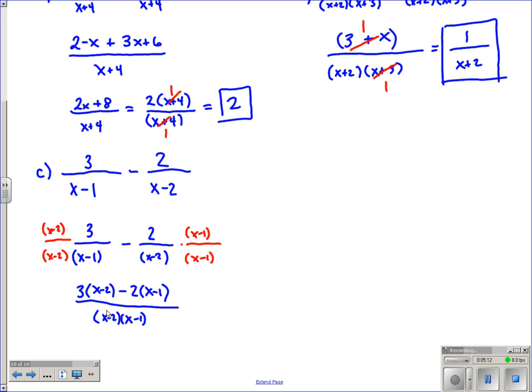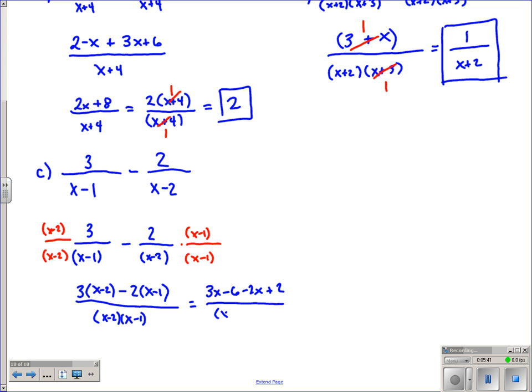Can't cancel these out here because both terms have to have the same thing there. So now we're going to have to simplify this down. Let's do it. 3 times x is going to be 3x. 3 times negative 2 is going to be minus 6. Negative 2 times x is going to be minus 2x. And negative 2 times negative 1 is plus 2.